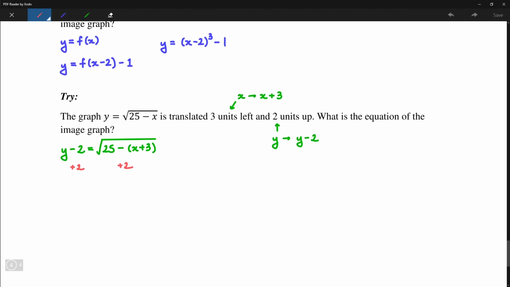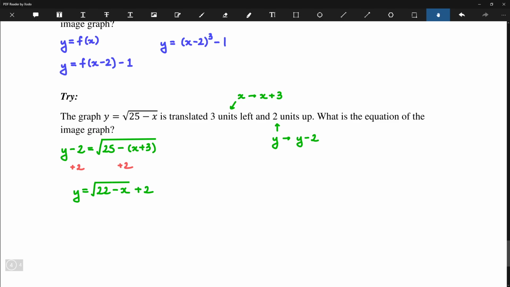And the terms underneath the square root sign can be simplified a little bit as well. So we end up with y equals the square root of 22 minus x, left under the square root sign. And then just outside of it, the plus 2, because we added 2 to both sides. That's better.